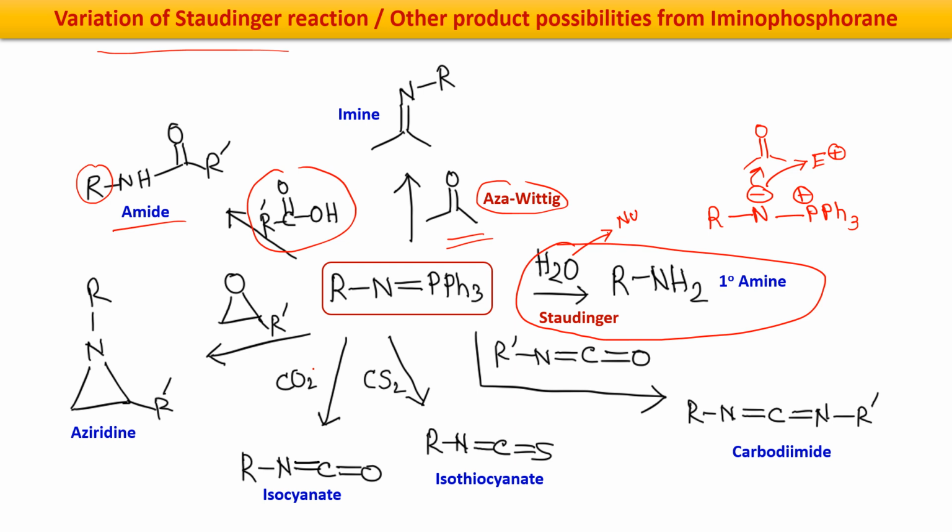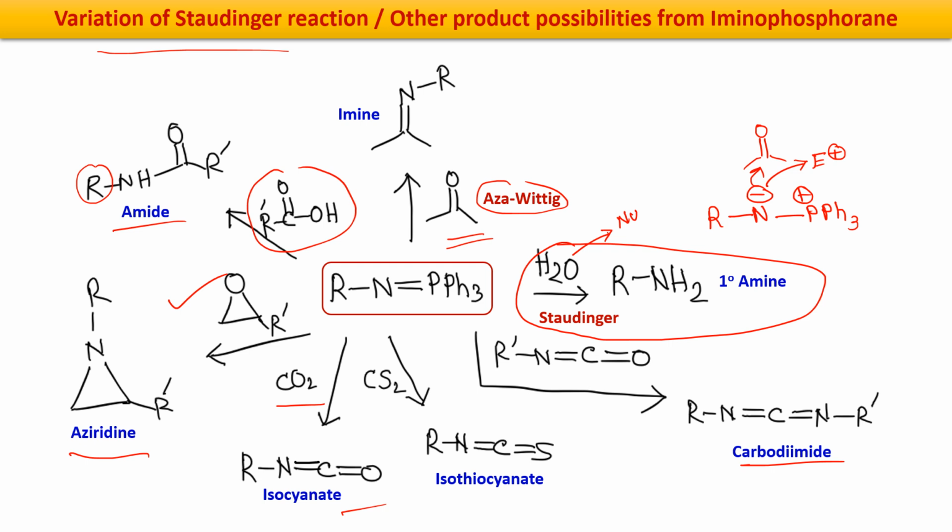Suppose it is present in this R part. So in that case, what will happen? There will be intramolecular reaction. You can also take epoxide and you will end up with aziridine. Then with CO2, it will be isocyanate. With CS2, isothiocyanate. So these are the different possibilities or you can say variations of Staudinger reaction by using versatile electrophiles.